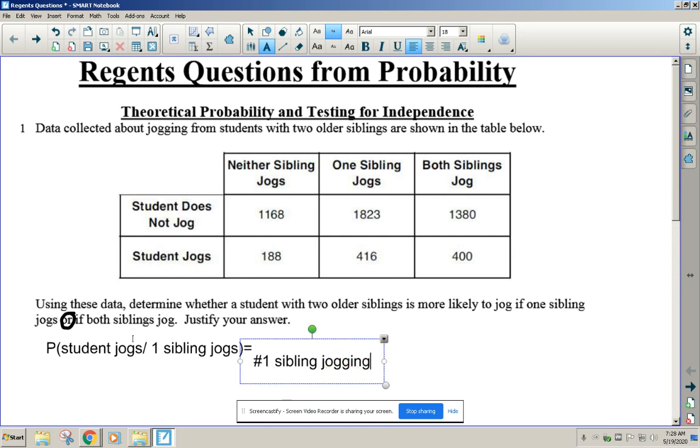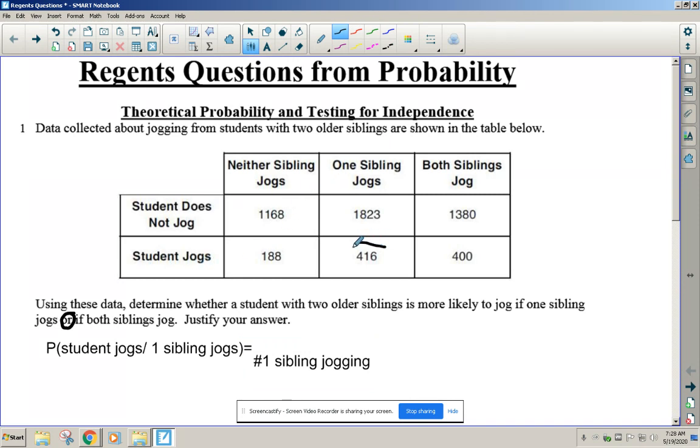And the top is going to be the overlap that the student does jog and they have one sibling that jogs. And that now, ladies and gentlemen, comes from up here. I want the student jogging and I want one sibling jogging, and here is my overlap. This is my and.